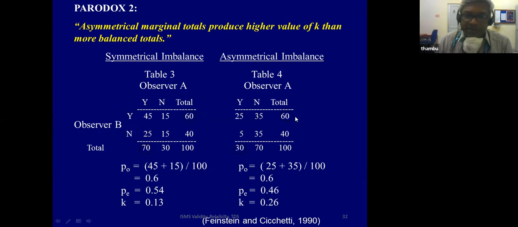Whereas in this table, the totals are 60 and 30. So there is an imbalance, or asymmetry, in the marginal totals for yes. Here you see the observed agreement is 60. Here also 60, 0.6. So you think the kappa should be the same. But here the kappa is 0.13. Here the kappa is 0.26. So this is called bias, when the marginal totals are not the same.